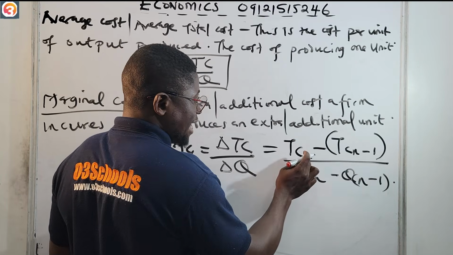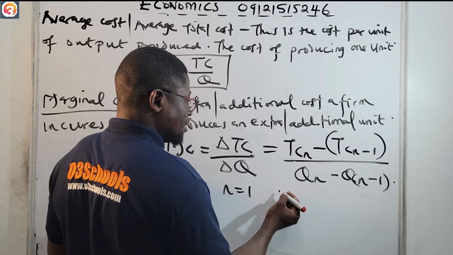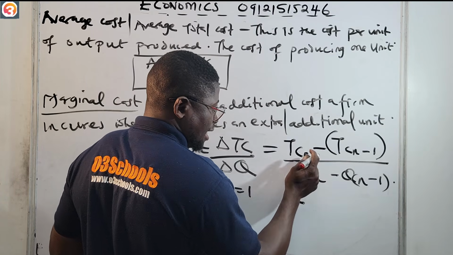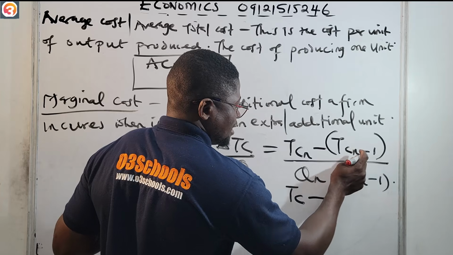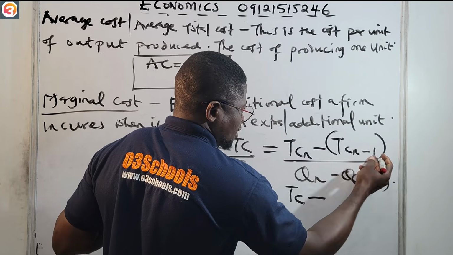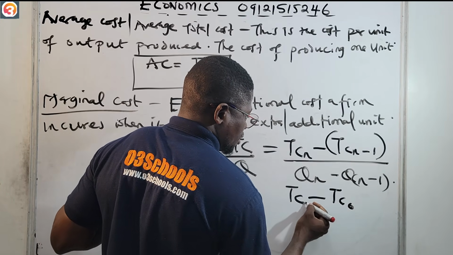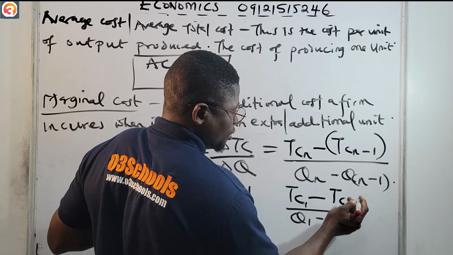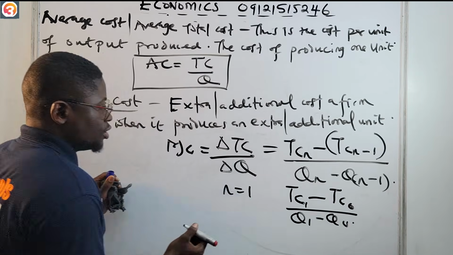If we're talking about one unit, if n is 1, our formula will be TCn, that is TC1, minus TC(n minus 1). 1 minus 1 is 0, that is TC0. So TC1 minus TC0 over Q1 minus Q0.